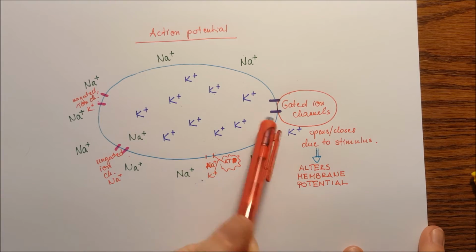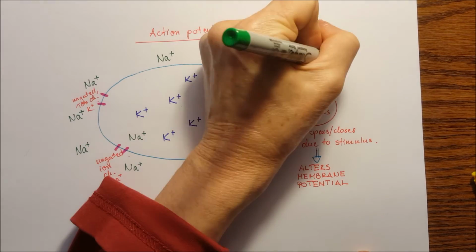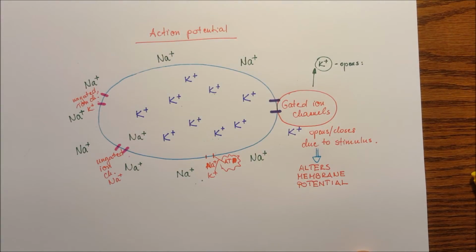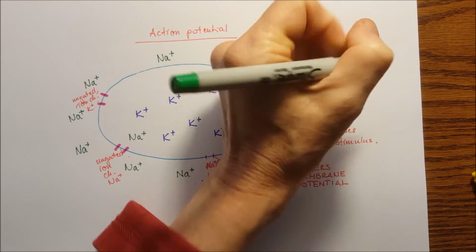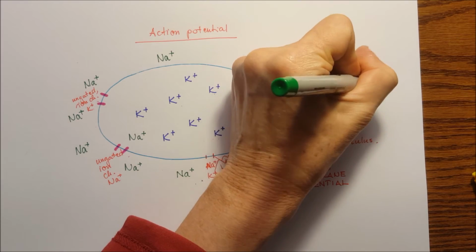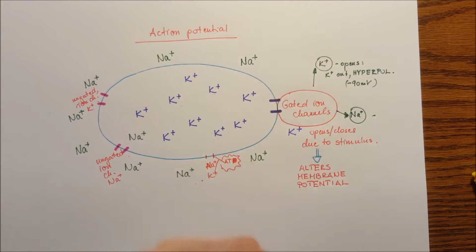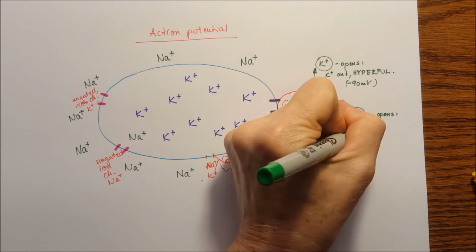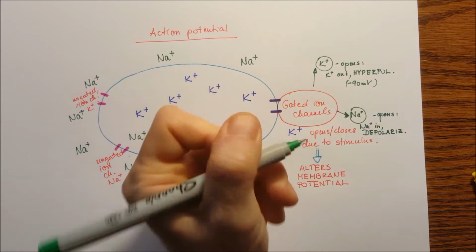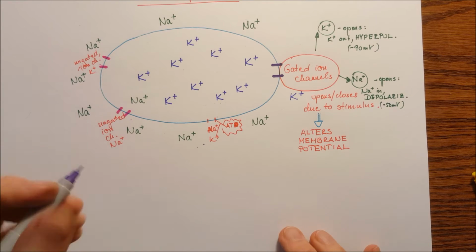So the gated ion channels can be gated potassium ion channel. When it opens, the potassium goes outside and hyperpolarization would take place. The potential difference would reach minus 90 millivolts. And also we have sodium gated ion channels. When it opens, the sodium zooms in and depolarization would happen along the membrane. It can reach up till minus 50 millivolts or even more later on.